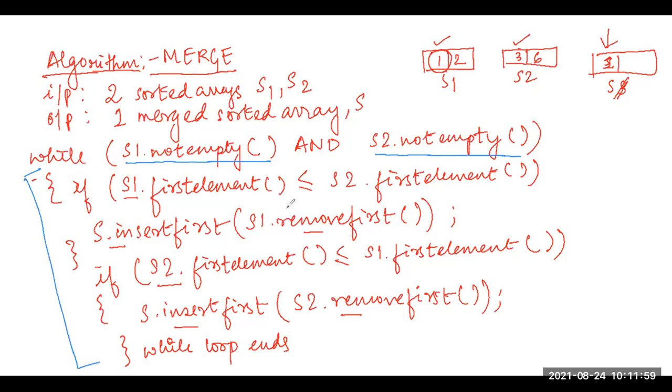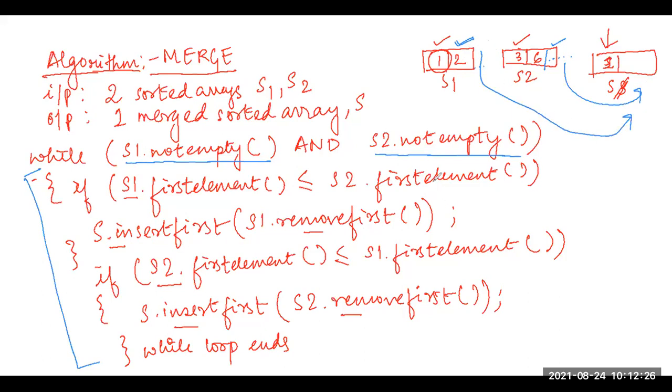Now, if the first array is finished first, so there are no more elements left in the first array, what will I do? I will simply copy all the elements that are left in my second list to my final list. Or if my second list is finished, and there are more elements in S1, I will simply copy all the elements to my final list.